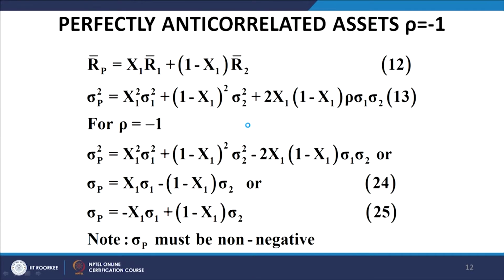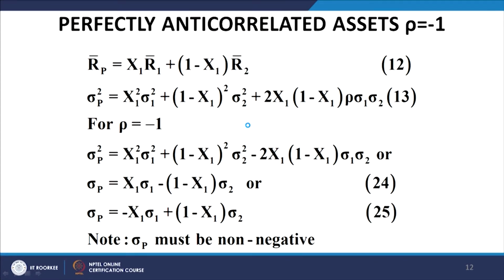Now, we look at perfectly anti-correlated securities, that is rho is equal to -1. Again we start with the basic equations of expected return of a portfolio and the variance, and what we find is that in this case again the expression for the variance becomes a perfect square, and therefore we can take square roots of both sides, and what we end up with is equation number 24 and 25.